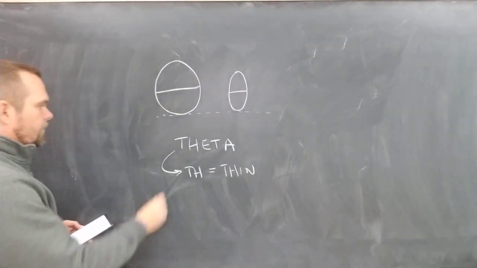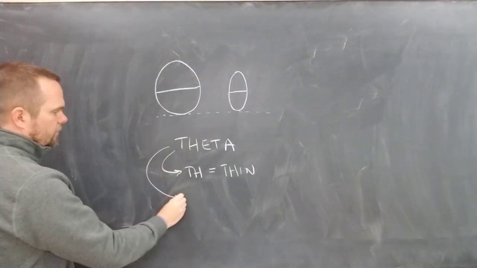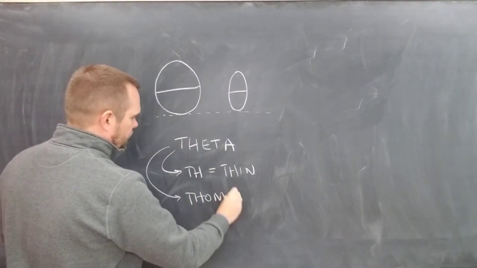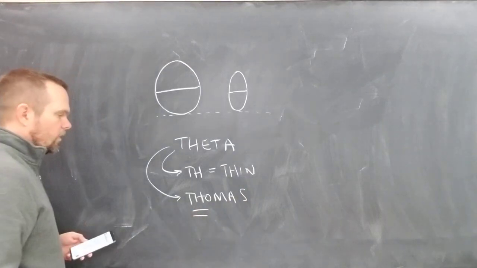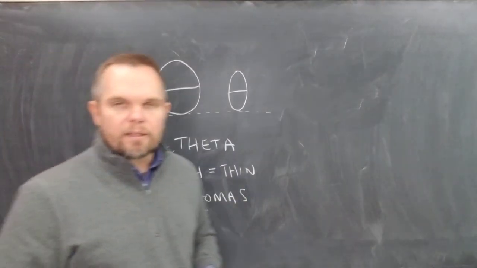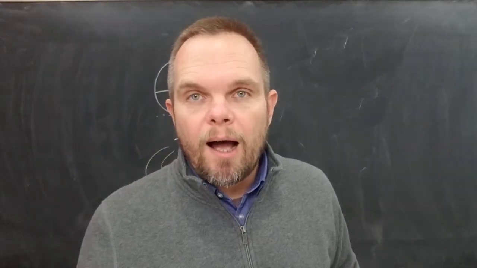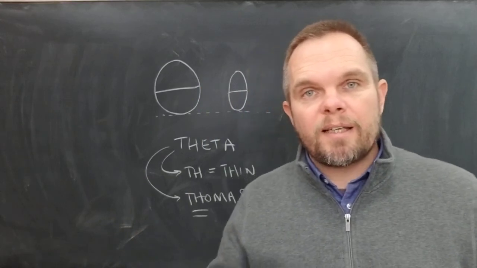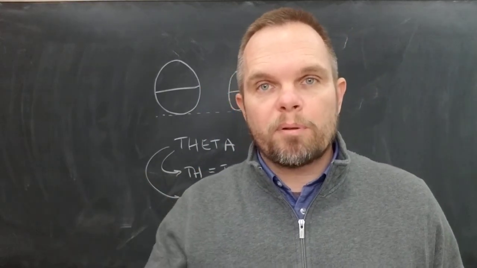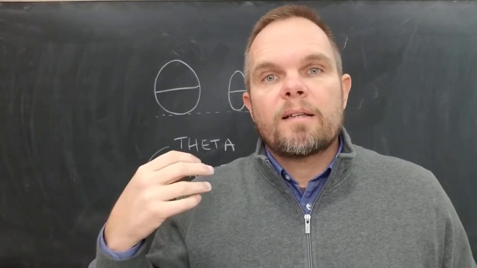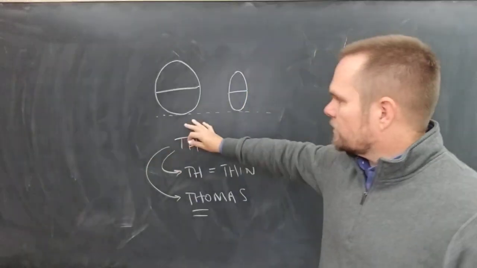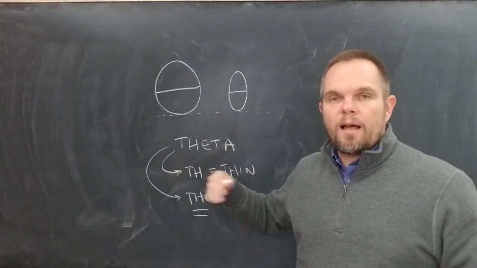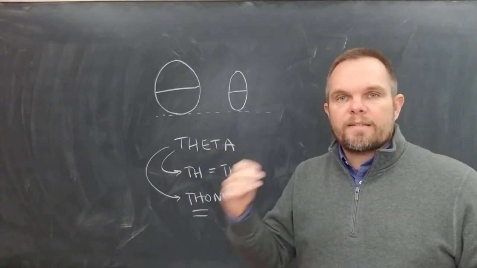But really, if we want to be perfect, the actual sound of this letter is more like the sound in the English name Thomas. You hear it's like the sound of a T with aspiration, with breath. T, t. That's the real classical sound of the letter theta.